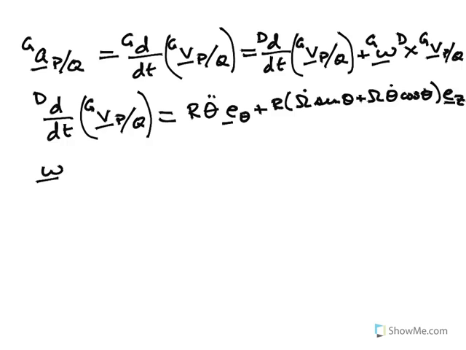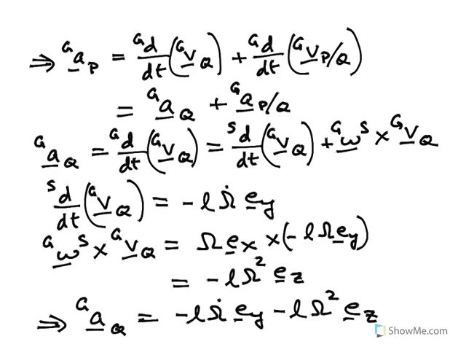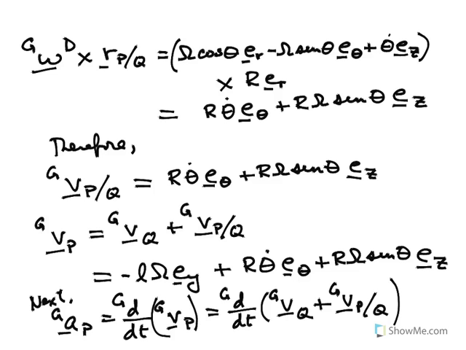And then the angular velocity of the disk as viewed by an observer fixed to the ground crossed with the velocity of P relative to Q in G is equal to, well, let's go back to our expression for that angular velocity.